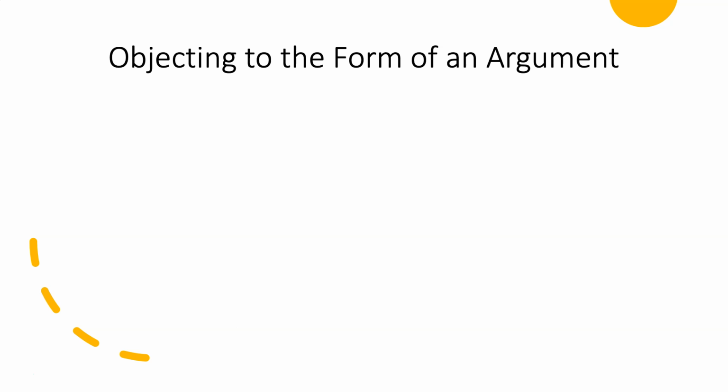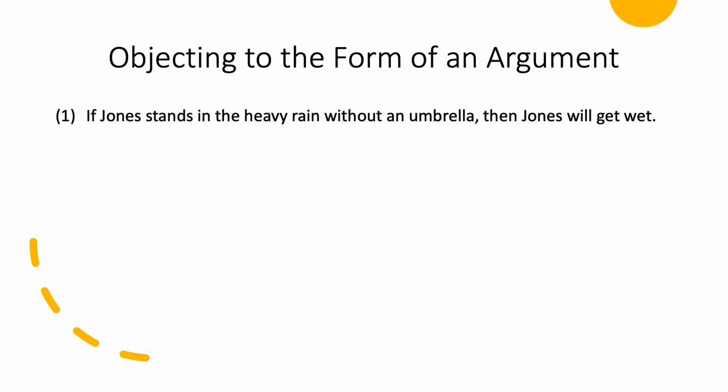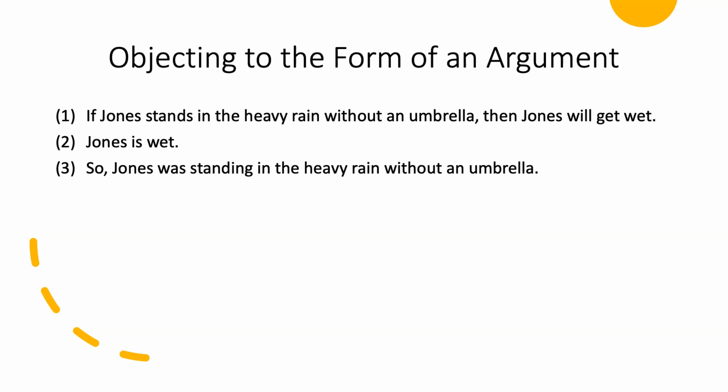Now, what about objecting to the form of an argument? Well, remember this argument that we saw last week. If Jones stands in the heavy rain without an umbrella, then Jones will get wet. Jones is wet, so Jones was standing in the heavy rain without an umbrella. Now, remember the form of this argument.